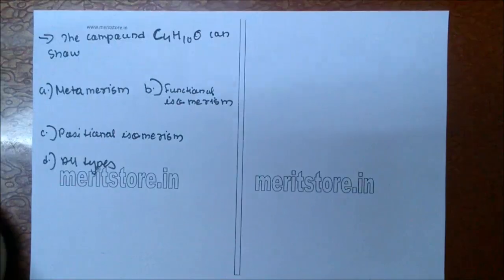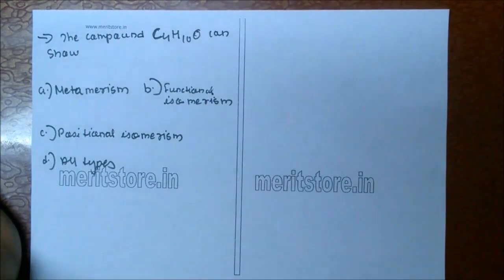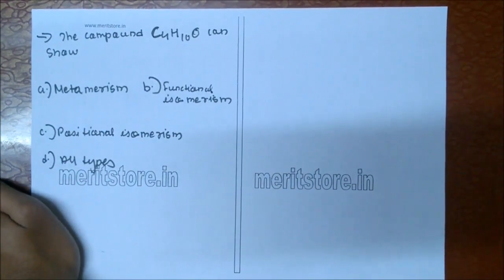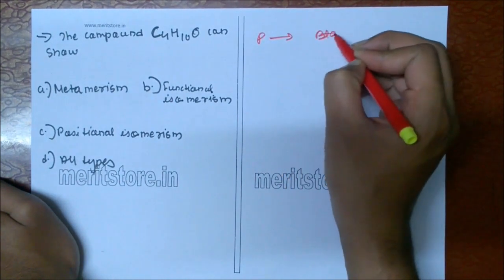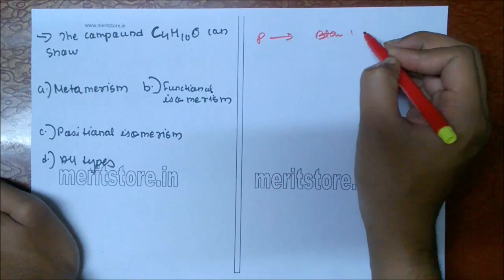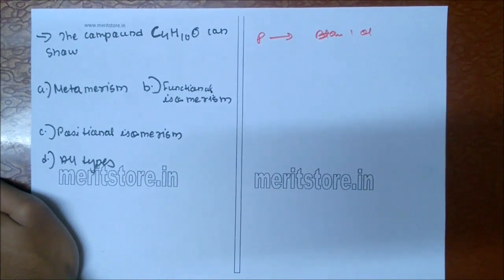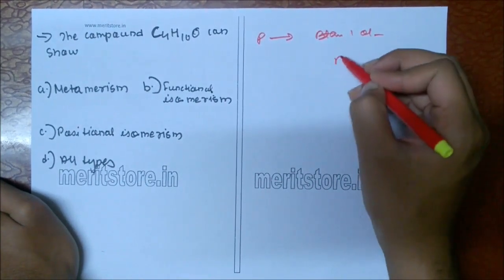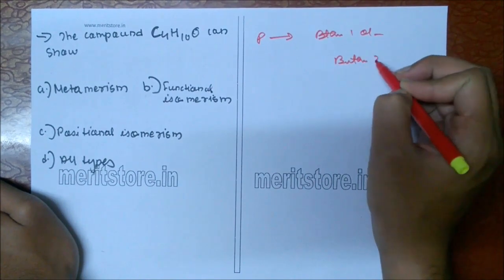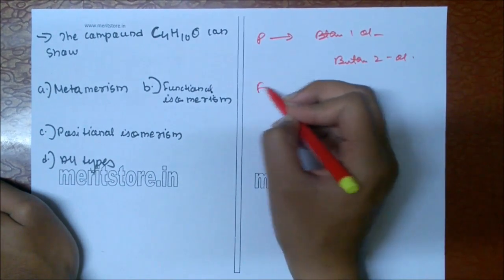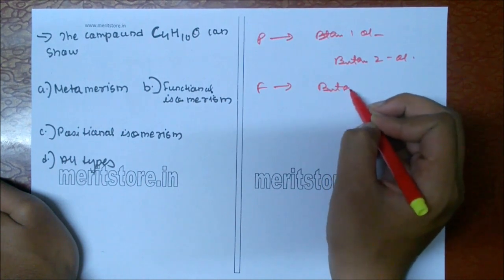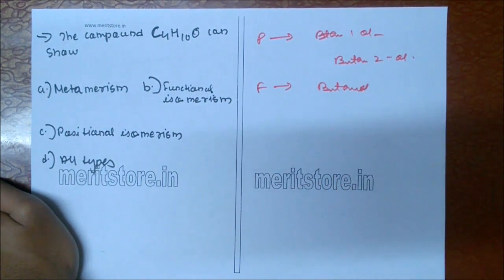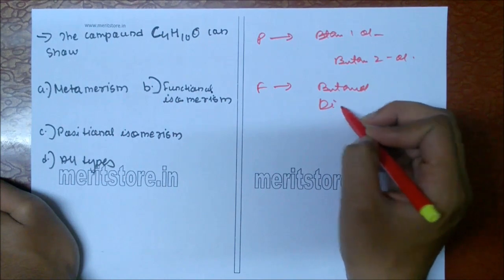Option D. Compound C4H10O can show position isomers as butan-1-ol and butan-2-ol. Functional isomers will be butanol and diethyl ether.